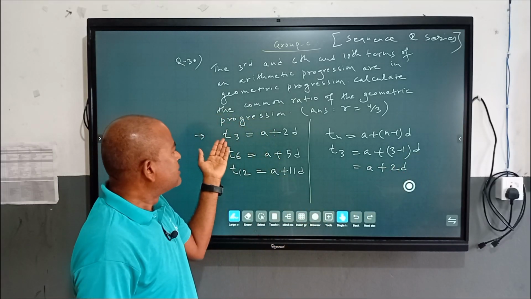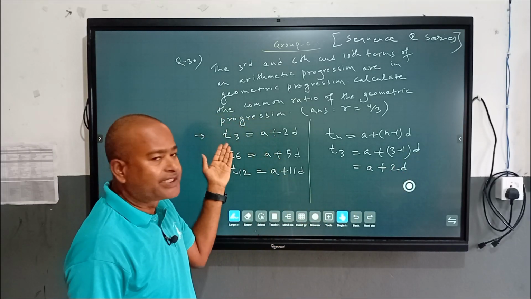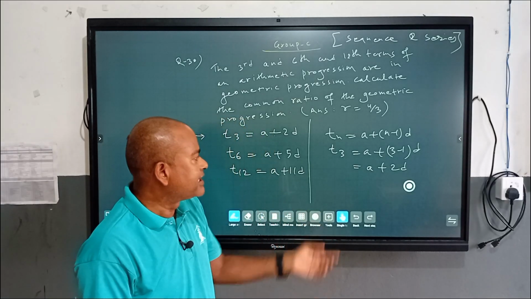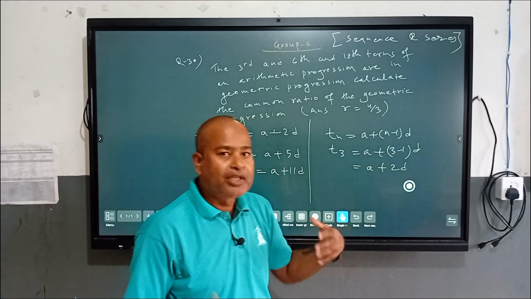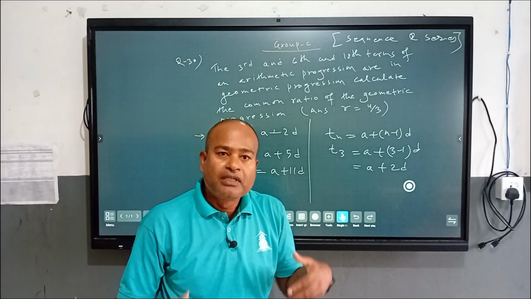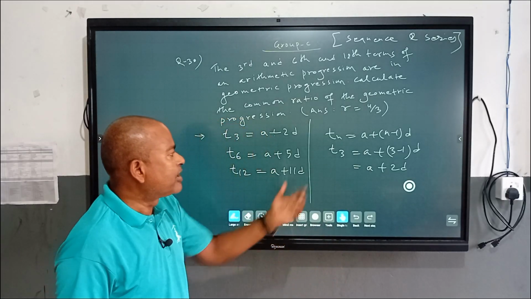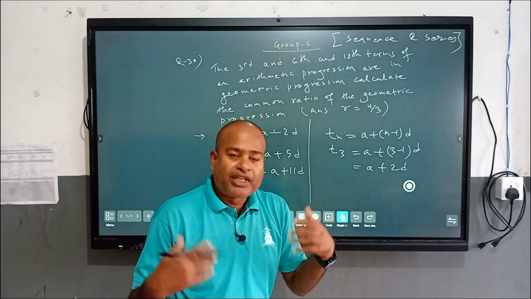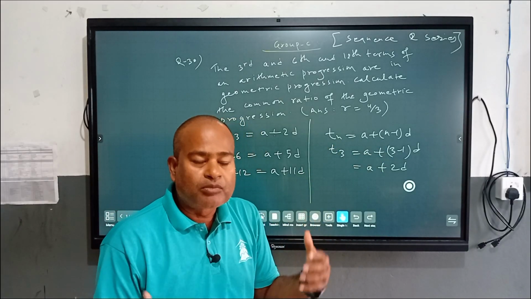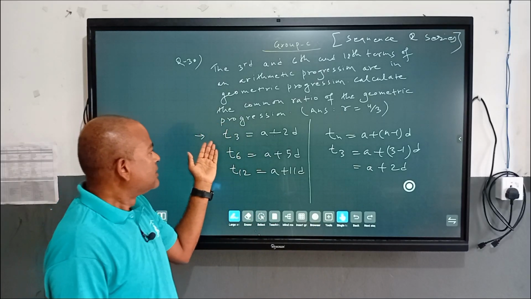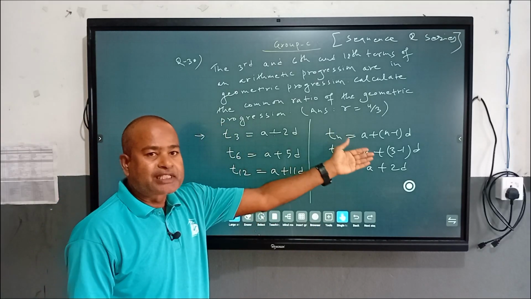So dear students, the formula of T3, that means the third term of an arithmetic progression, is T3 equals a plus 2d. So we can directly write down the formula of any term by putting the value of n in the general term formula. T3 we can write as a plus 2d.